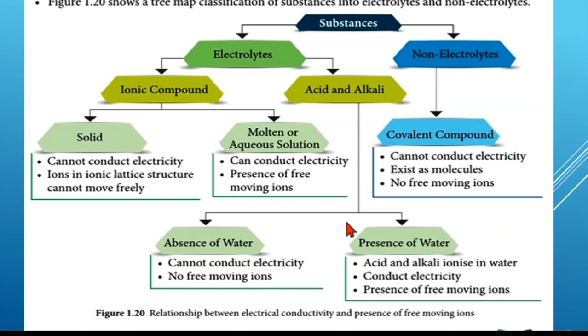Bila ada presence of water, acid and alkali itu dia akan ionize, dissociate menjadi ion. Dissociate into positive and negative ion. Okay? So barulah dia boleh conduct electricity because of the presence of the free moving ion.